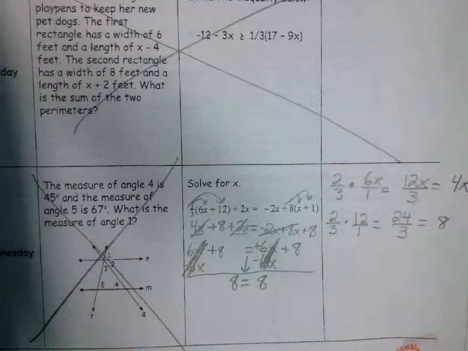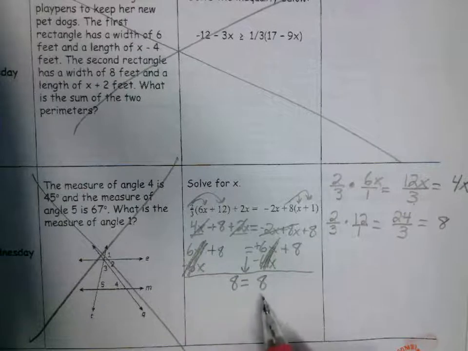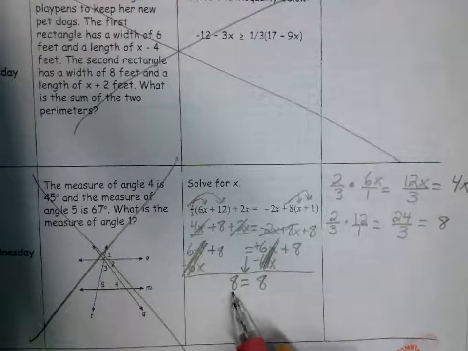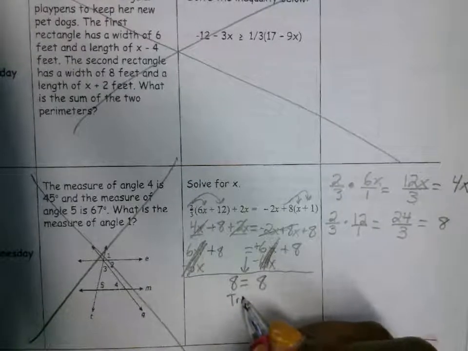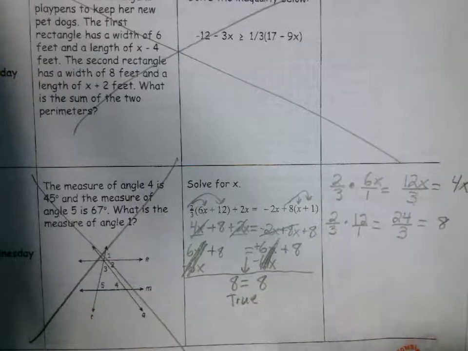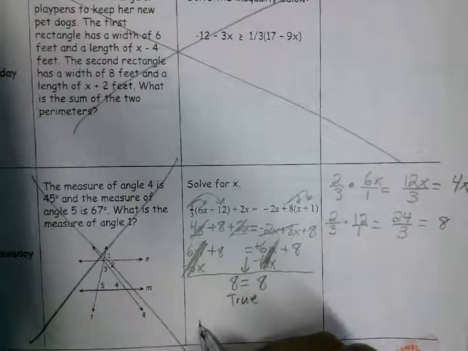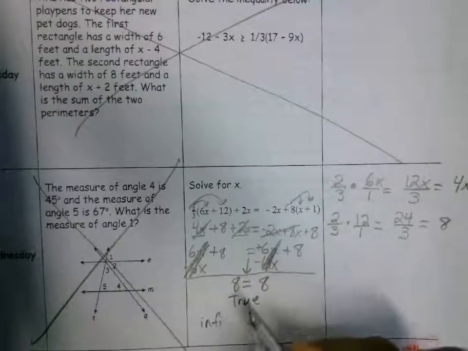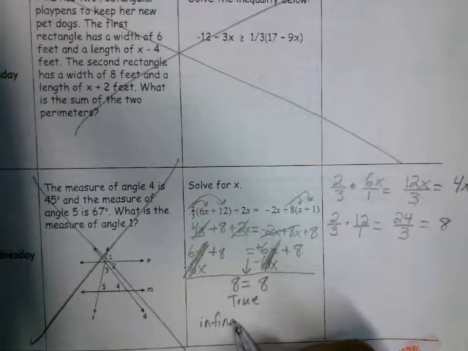Okay? So now since the x's are gone, and I'm just left with numbers, I read this. Is this a true statement? Is 8 equal to 8? It's true. So that means that it's infinitely many solutions. If it's false, it will be no solution. Since it's true, it's going to be infinitely many solutions.